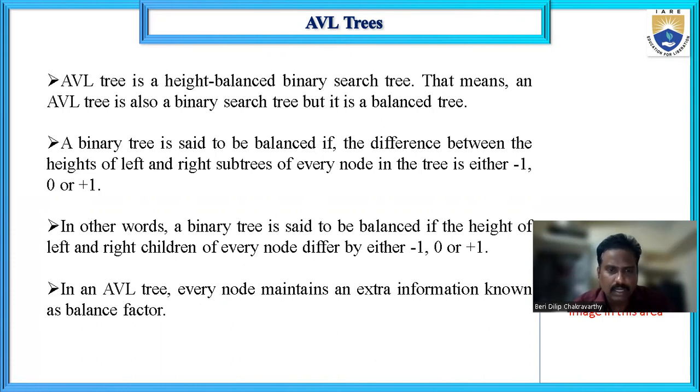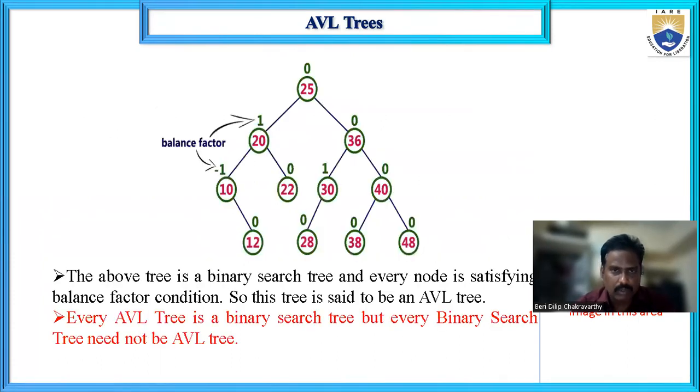In an AVL tree, every node maintains extra information. We call it the balance factor. So observe here. This is an AVL tree. For each node, I'm giving some values. Observe all the values. It may be either 0, 1, or -1.